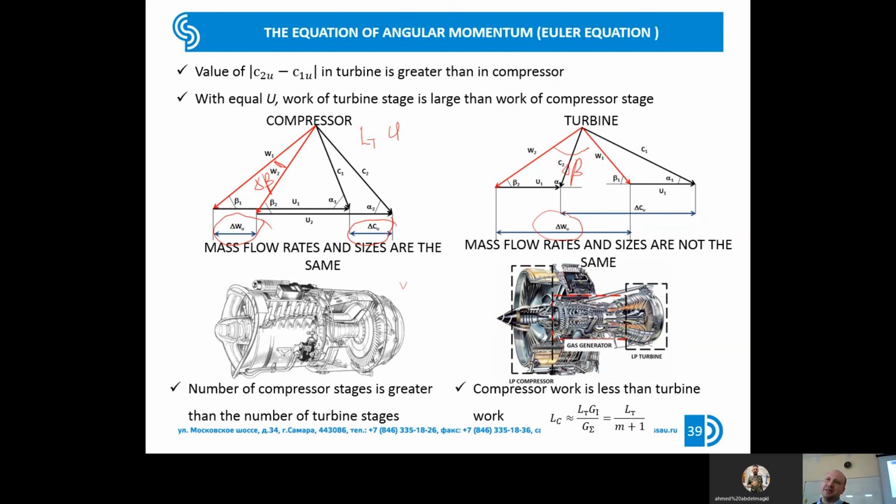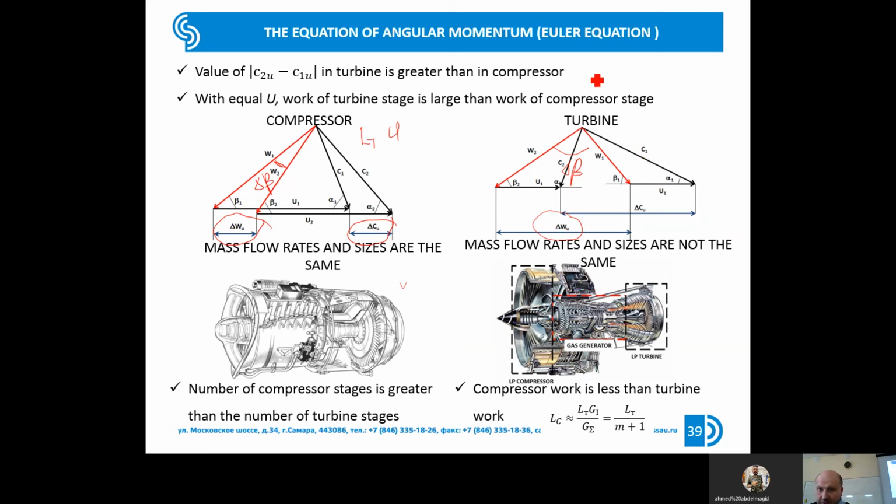For the high pressure cascade, intermediate pressure cascade, and low pressure cascade of the turbojet engine, 1-2 stages of the turbine drive a lot of stages of the compressor. But it doesn't work for the low pressure cascade of the turbofan engine. Why? The main problem is that the mass flow rates through the fan and the turbine are not the same.